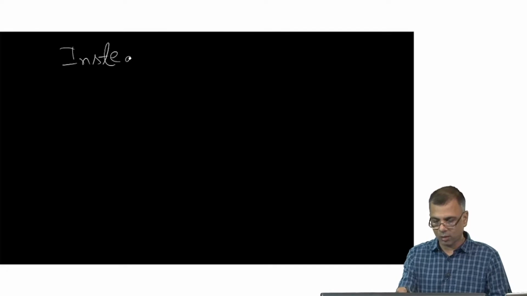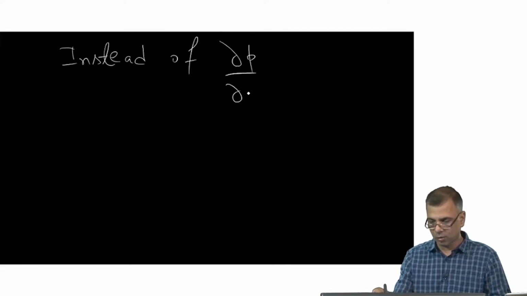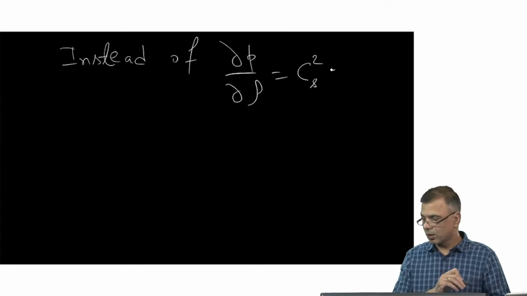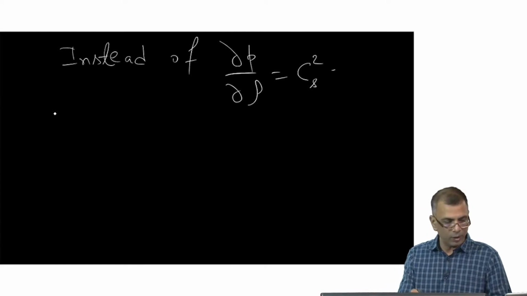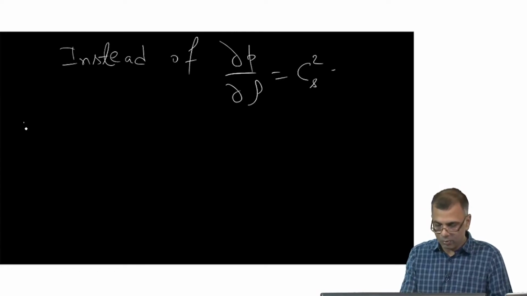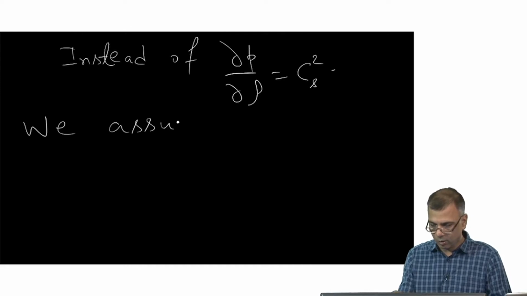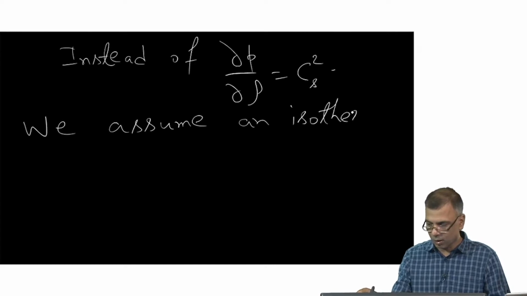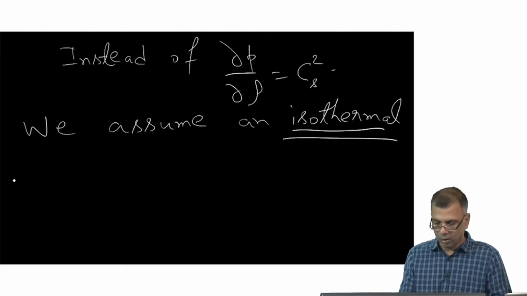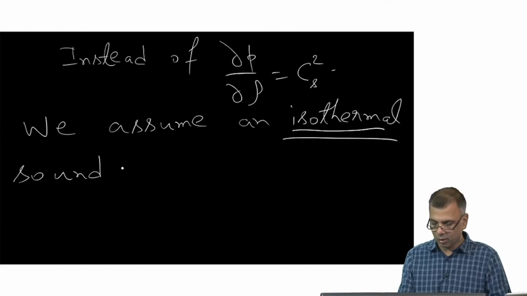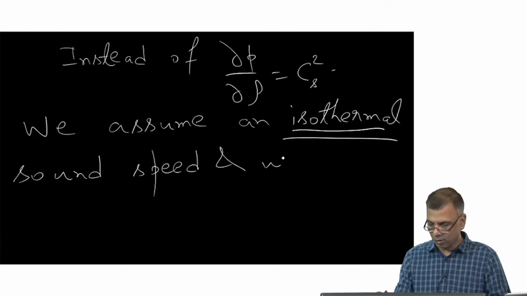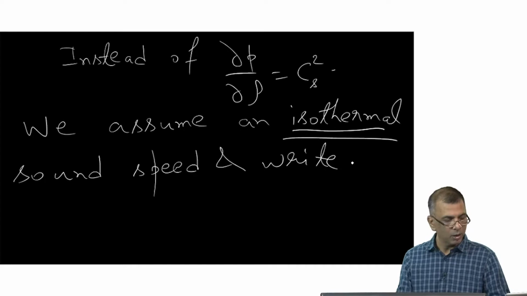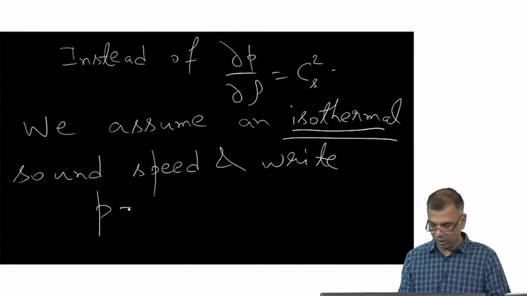Now what we do is we assume an isothermal sound speed and write P equals Cs squared rho.